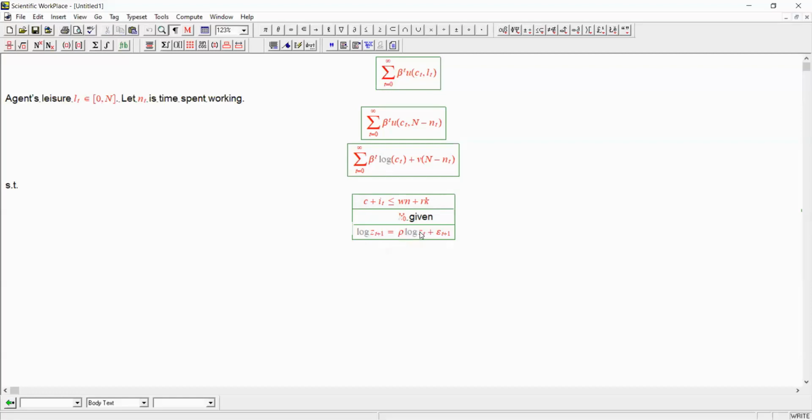And the reason these are going to matter for the consumer, even in the market version of this problem, is because the wage and interest rate, those prices, are going to depend on the realization of this process Z.